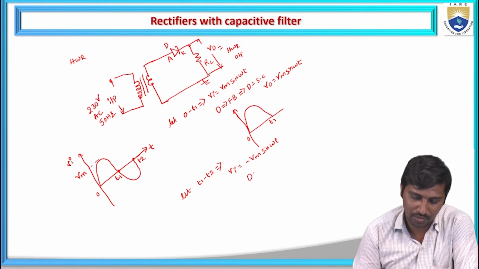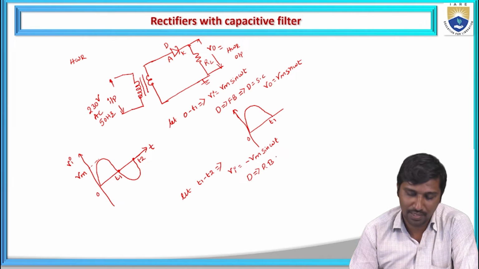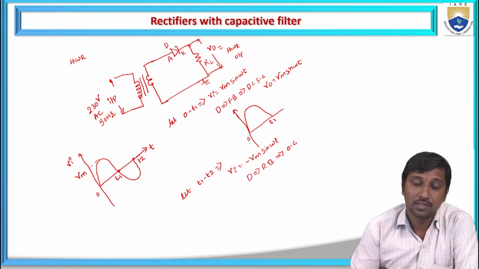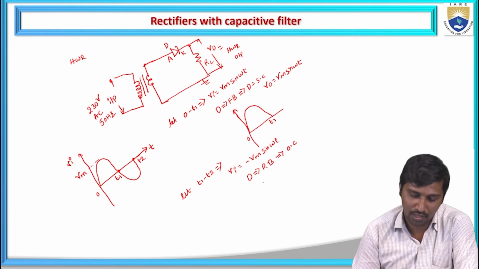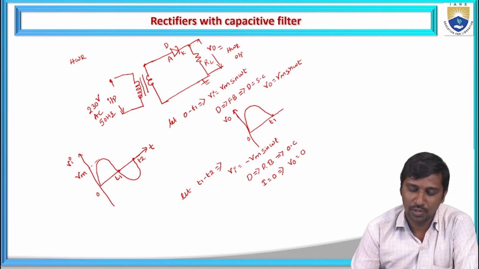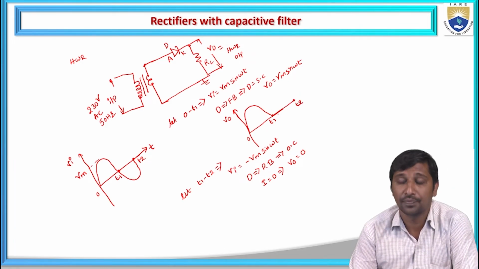For this case, the diode acts as reverse biased, and we know that when the diode is reverse biased, it is replaced with an open circuit, hence there is no flow of current to the load resistance. Under this condition, the reverse current I is 0, hence the output voltage across this half-wave rectifier is also 0. So if you draw this output voltage, in the t1 to t2 duration the output voltage is 0.